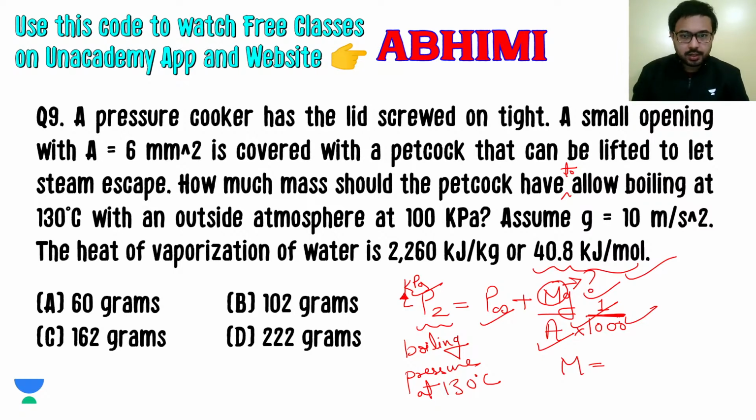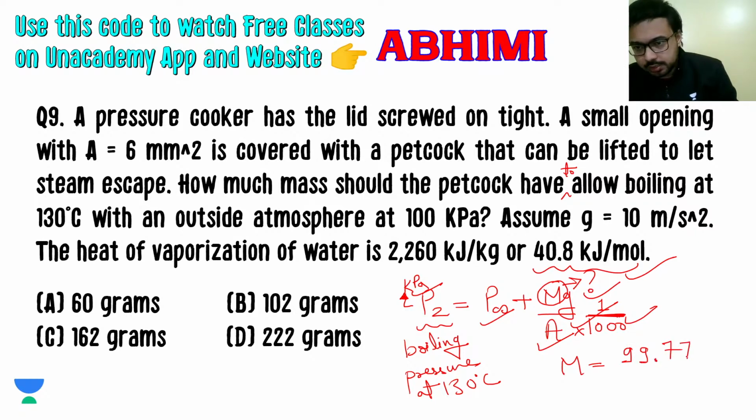Area is given as 6 mm square, so let's convert it into meter. And now the G is coming out, let's write it in gram because it is given in gram in the question, and it is coming out 99.77 grams.